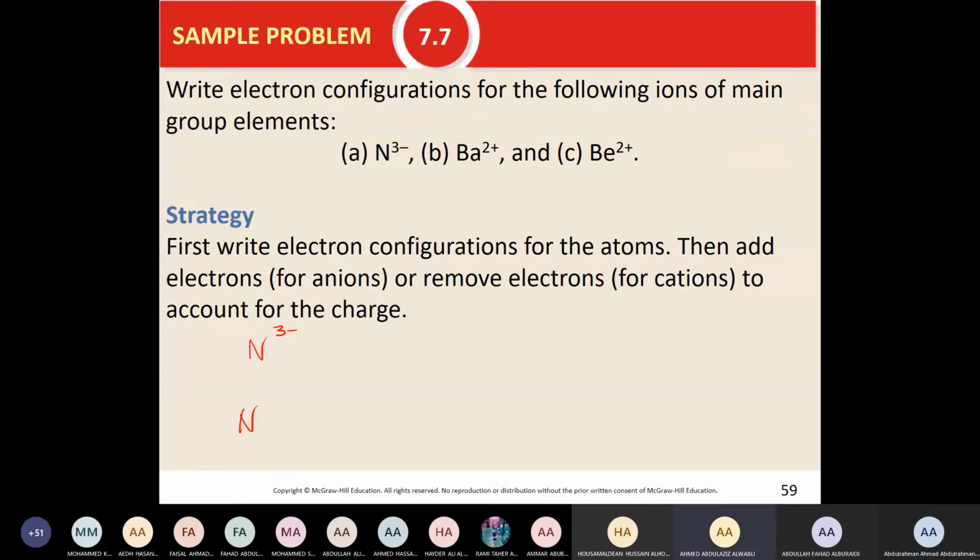It's 1s2, 2s2, 2p3. Yes. What's the electronic structure of N3 minus? 1s2, 2s2, 2p6.